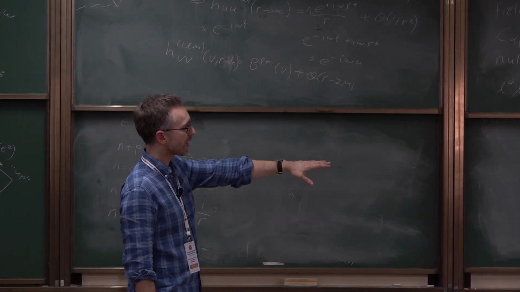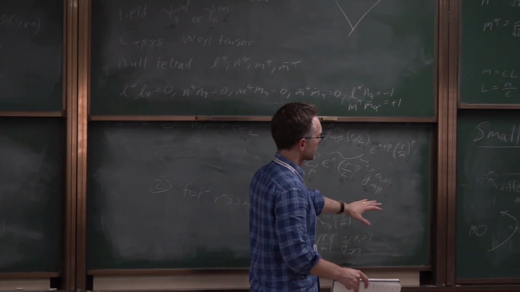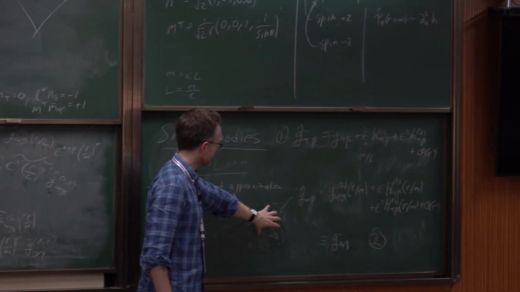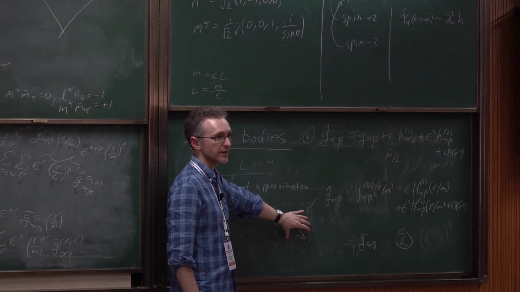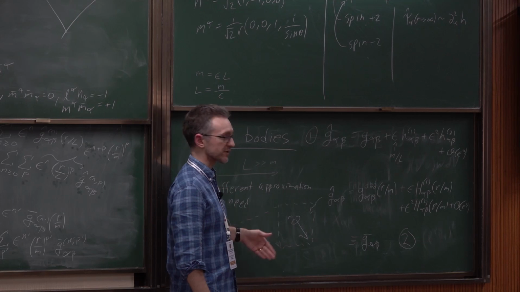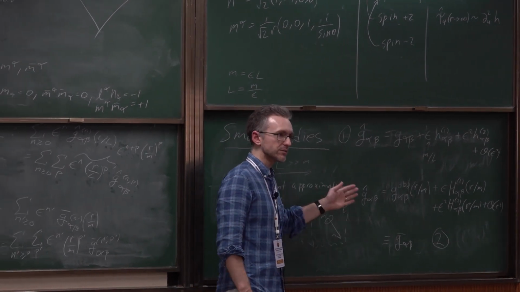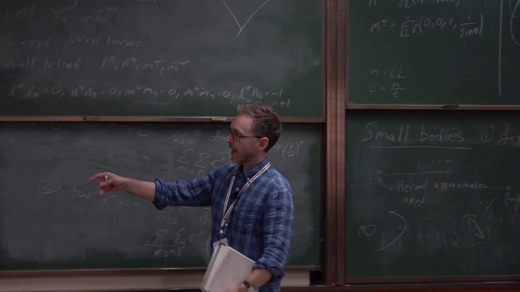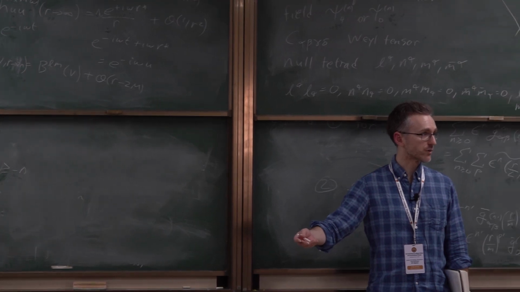I'm just saying as functions, all these expansions are actually outside the small body. I'm actually looking at solutions to the vacuum Einstein equations outside the small body. But just as functions of r, if I continue down to r equals 0, these HNs become singular at r equals 0. But that's not where they're the physical solutions anymore.